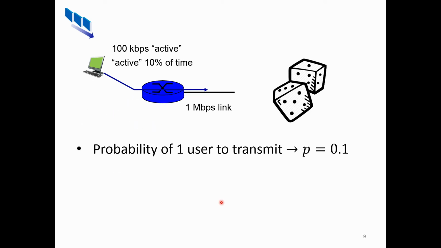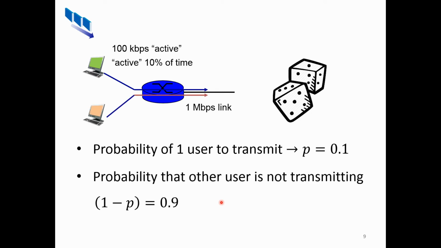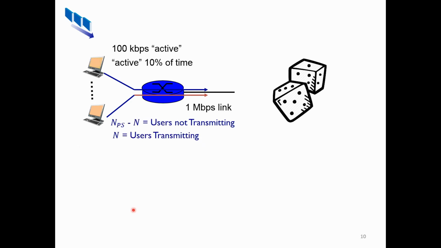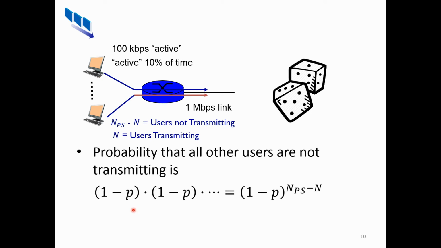Now we'll find the probability of that other user not transmitting. By using the rule of subtraction, I get 0.9, so 1 minus 0.1. We can also find the probability of all other users that are not transmitting. If we do that, we get this probability, 1 minus p to the power of the number of users minus the number of users transmitting.